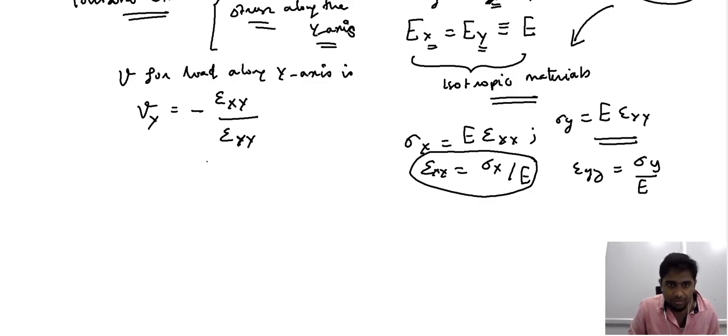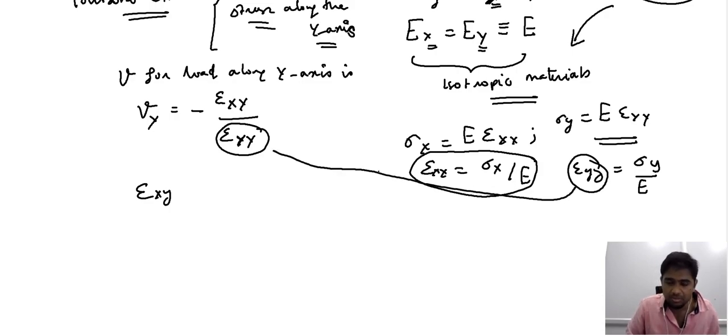So when you substitute epsilon yy here and then bring this term here, epsilon xy, we need to substitute these two, and then bring this term here.